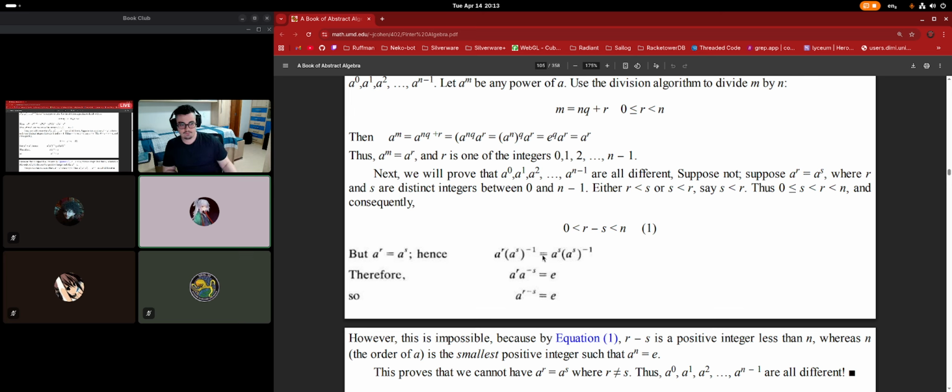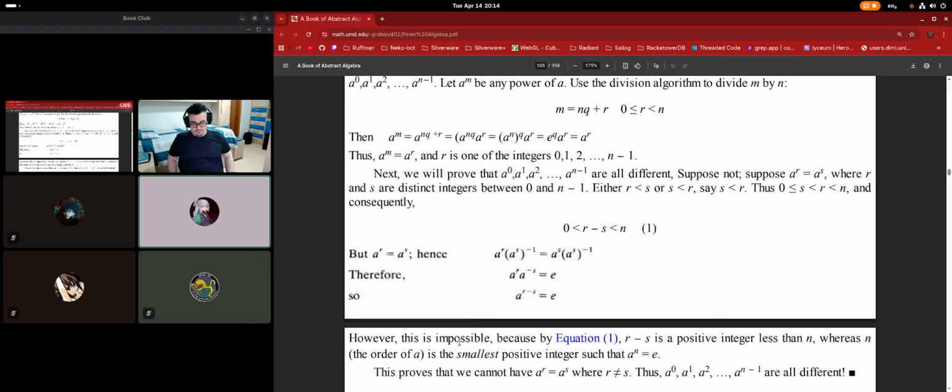And the way to get there is, okay, we are assuming that r equals s, but we know, no, no, you're assuming the opposite. You're assuming that their exponentiations are the same with r and s being different. And then we are going to try to find that something contradicts something else. Oh, yes, you are correct. I misspoke. So yes, you are assuming that those exponentiations are equal, despite the fact that r and s are different.